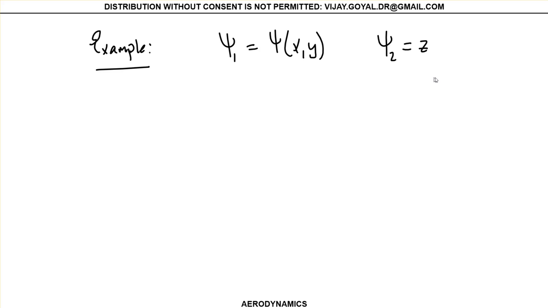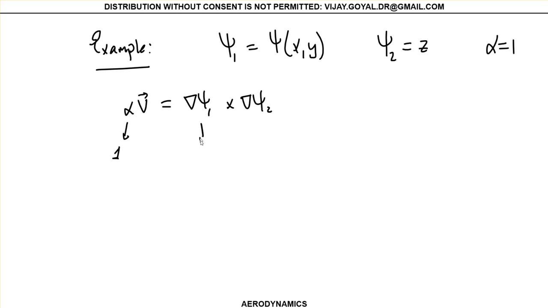Let's assume the flow is incompressible, so take alpha equal to 1. In that case, alpha is equal to psi 1 times psi 2, so this is equal to 1.